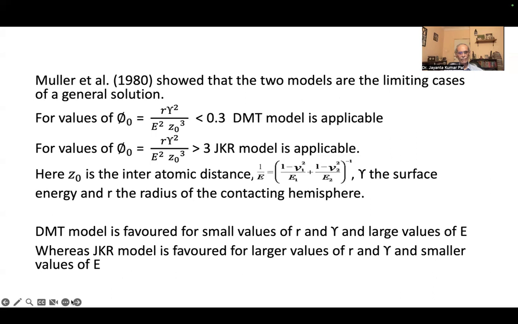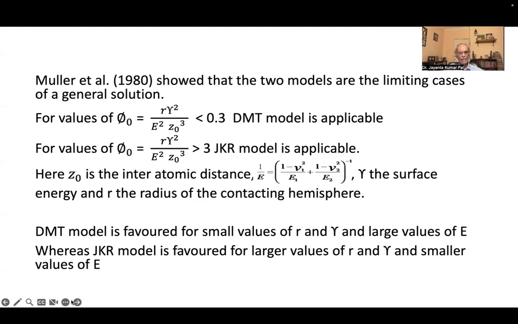R is, of course, the contact radius, gamma is the surface energy, E is the combined elastic modulus, and Z naught is the equilibrium separation. If this is less than 0.3, then the DMT model will apply. But if this is greater than 3, the JKR model is applicable.